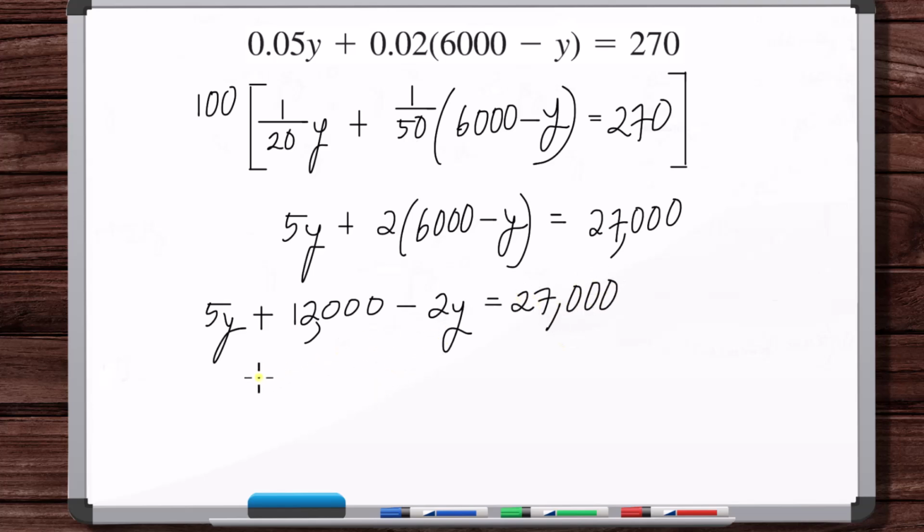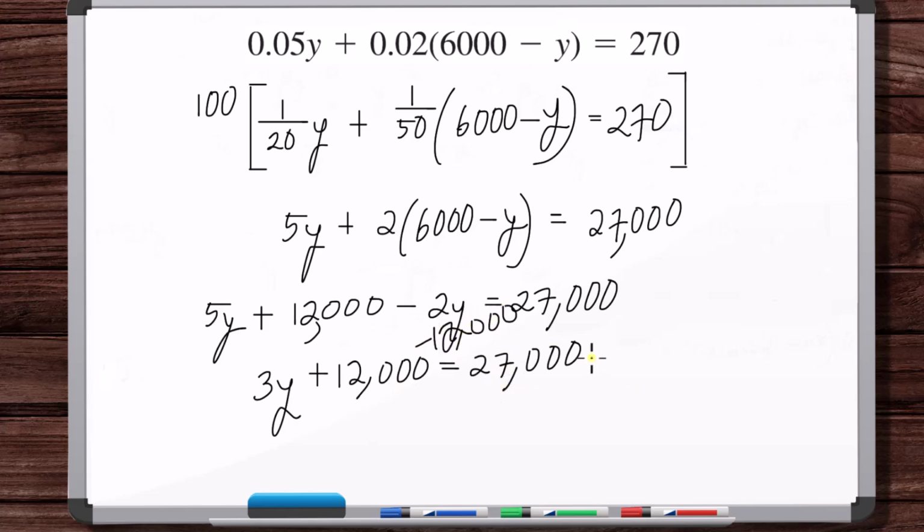Now 5y minus 2y is 3y. All right. Now let's subtract 12,000 from both sides. So 3y is equal to, so 27,000 minus 12,000 is going to be 15,000.